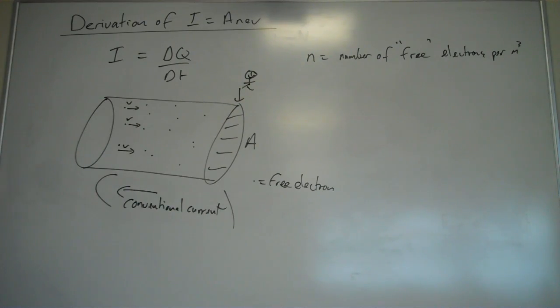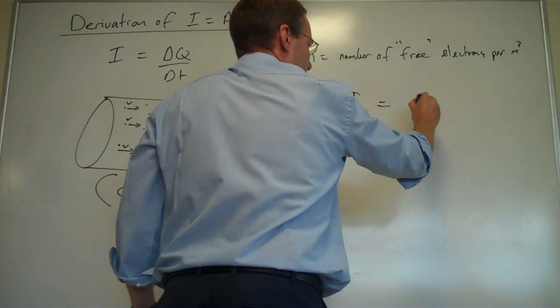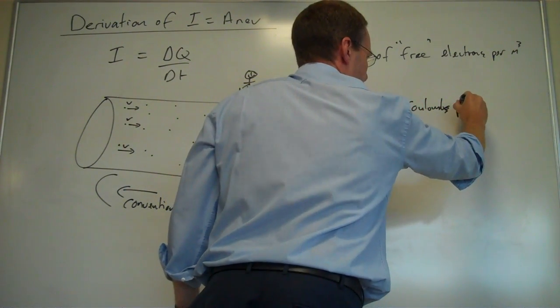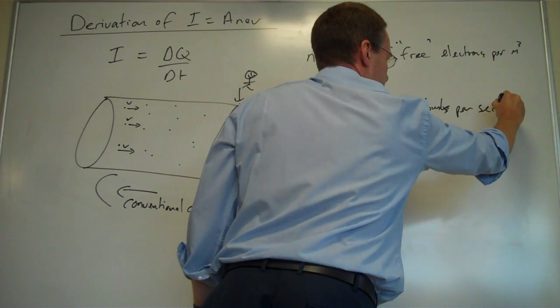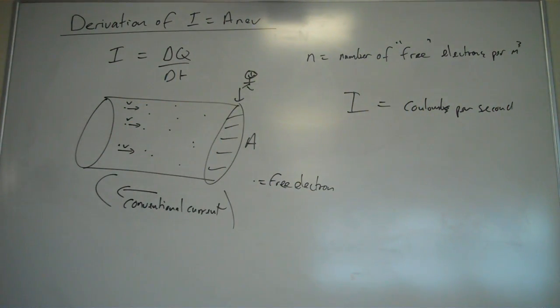Current is coulombs per second. So I is coulombs per second. That's more useful for me. We all learn differently. I mean, you've got it in the formula sheet, hopefully, but coulombs per second.